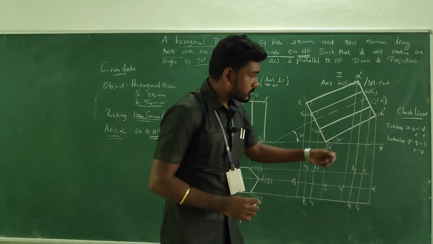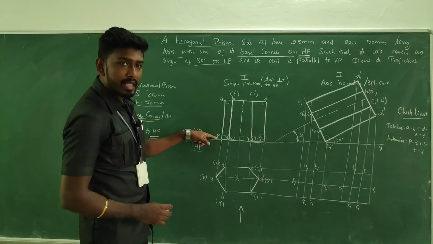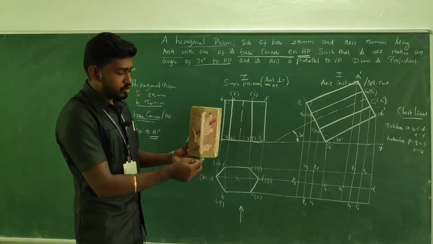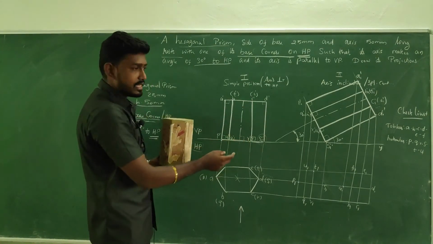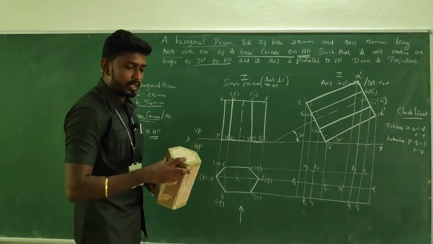And then the longer edge connections: A to P, there is a connection, B to Q there is a connection as well, C to R there is a connection, D to S there is a connection, E to T and F to U.